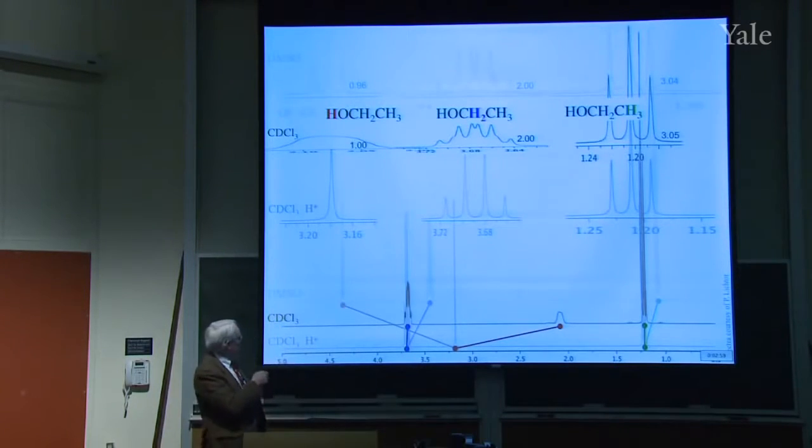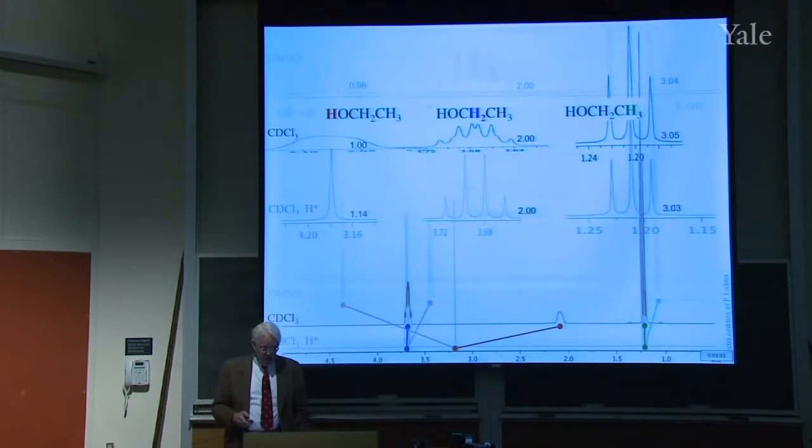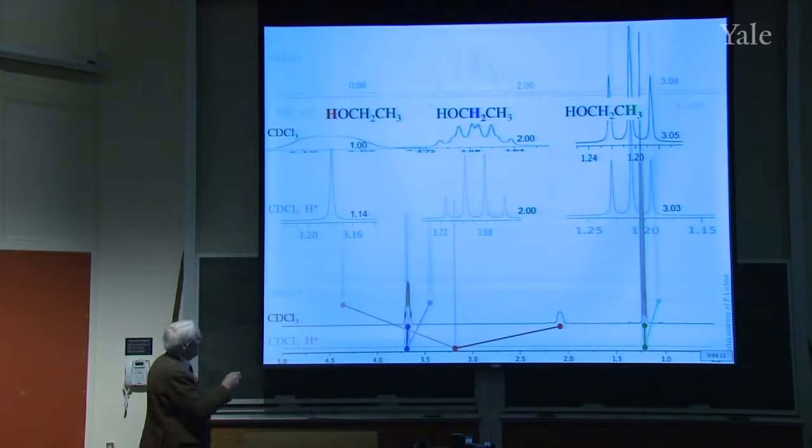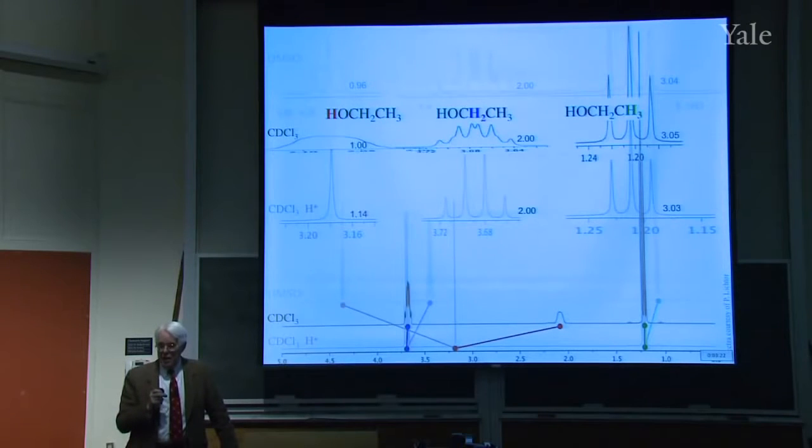But the one that had a little bit of acid in it is much more interesting, right? It's 2 to 3, that's fine. But this is bigger, 1.14. So that peak, this peak here, the sharp peak here, in the one that has acid in it, right, is bigger. There are more protons there than just one.